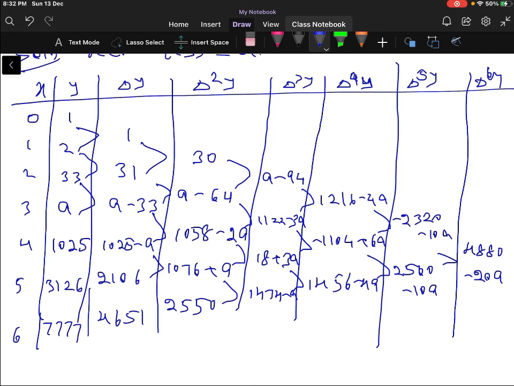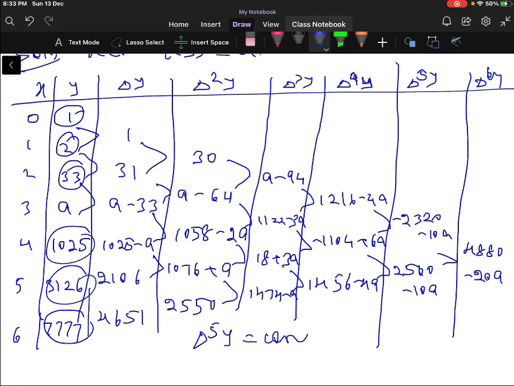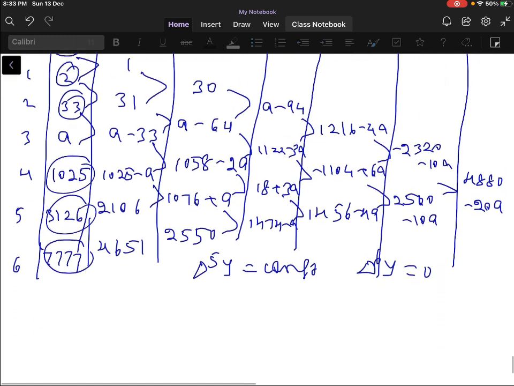So here we can observe that from the table there are 6 points given. So y is 1, 2, 3, 4, 5, 6. Since there are 6 points of y given, we can find the unique polynomial of at most 5th degree. Therefore delta 5y is constant and delta 6y is 0.